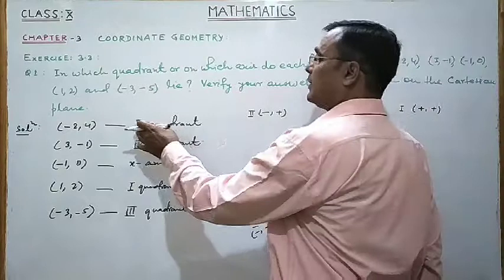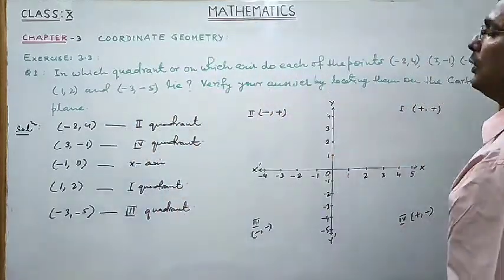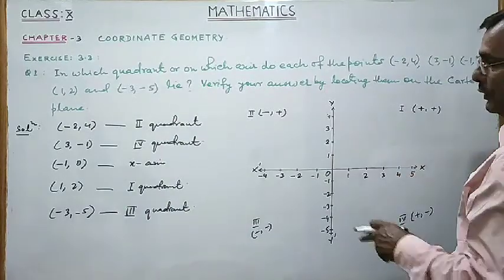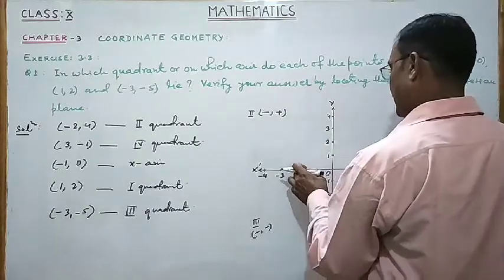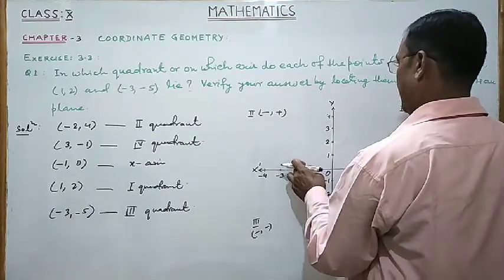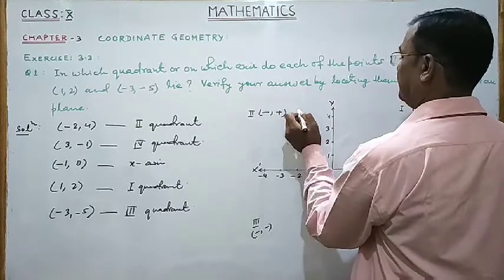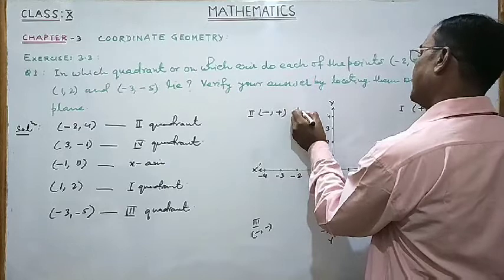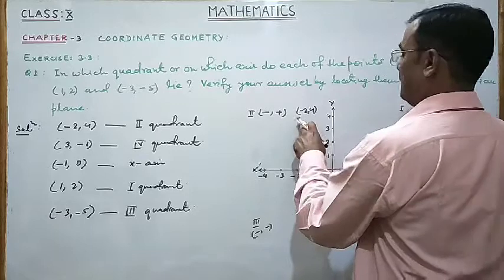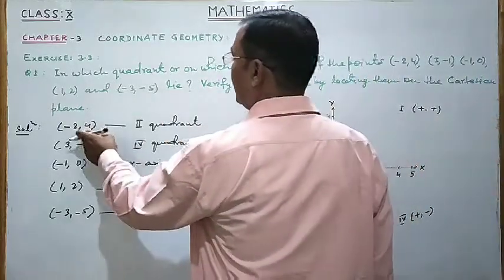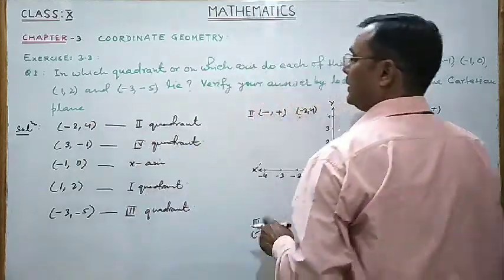Now let's plot these points one by one on this Cartesian plane. So (-2, 4) is the first point. So x equal to -2, y equal to 4. So this point with coordinates (-2, 4) is the point which lies in the second quadrant, and we have also written second quadrant.